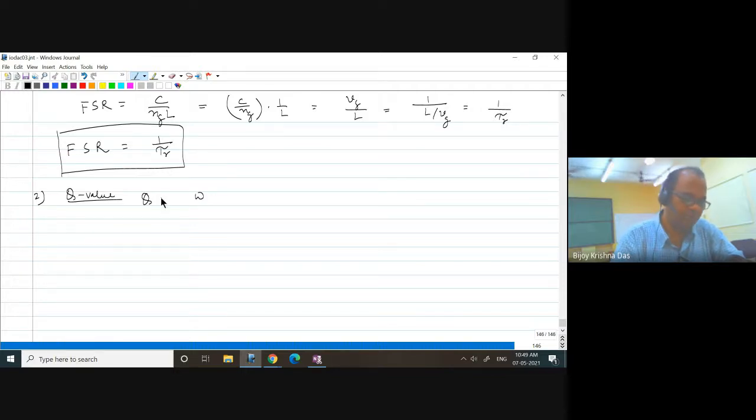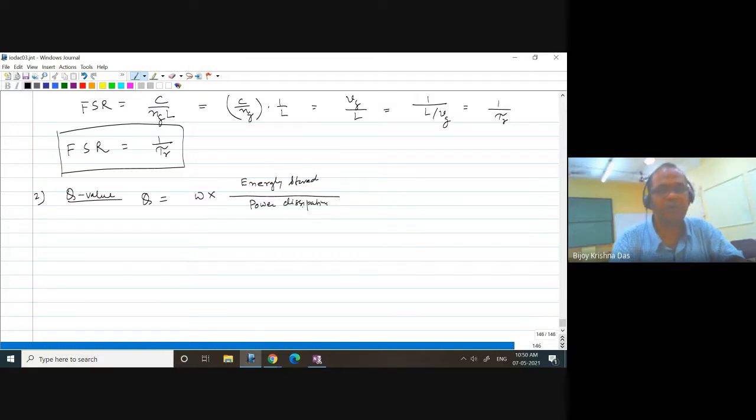Q equal to omega, meaning angular frequency, times the energy stored in the resonator, and then divided by power dissipation. Remember, I am writing here energy and here I am writing power.